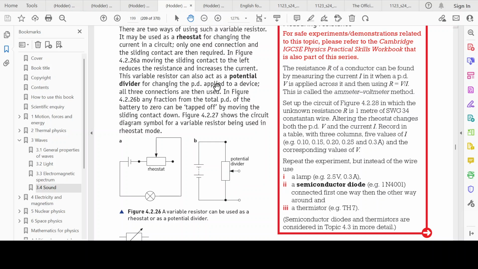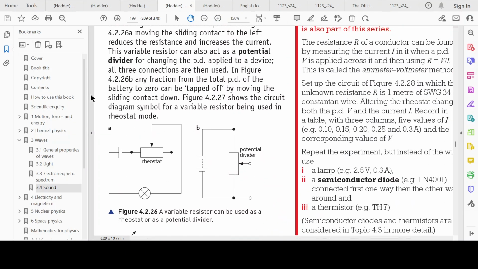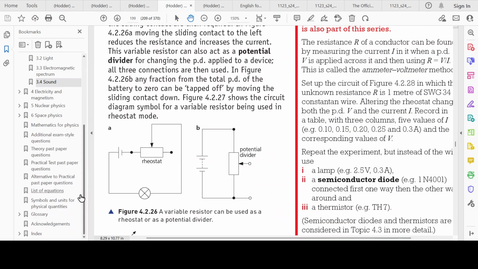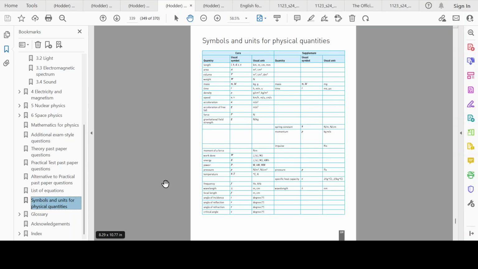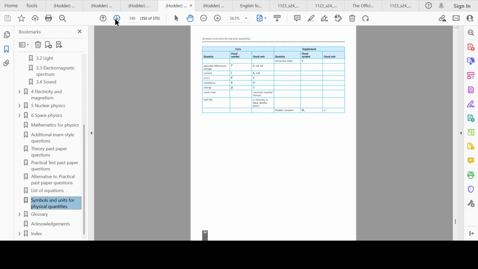Whereas for a potential divider where the voltage can be changed using resistance, it's a rectangular box with an arrow with a circle. Okay. So they do have, I believe, a glossary of all these symbols.